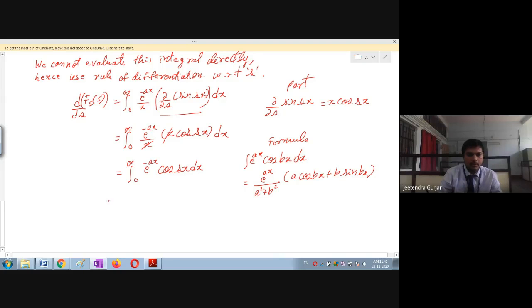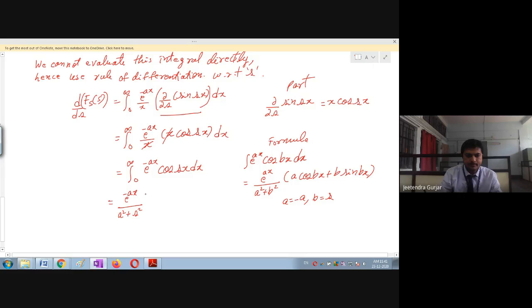This is equal to e raised to minus ax divided by, see, a is equal to minus a, they have given it clearly. And b is equal to s. So these two values you are going to substitute in this integral. Minus a whole square is a square only, so I'll write a square plus b square. b is nothing but s, so I'm going to write here s square.